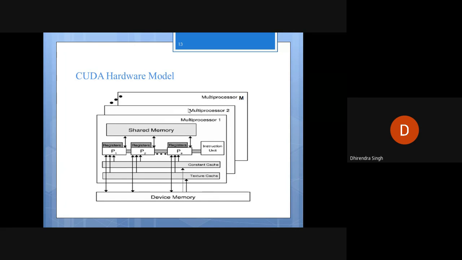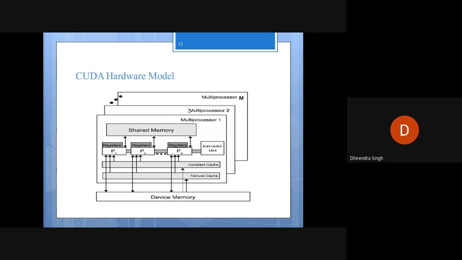It could be possible that your graphics card has, like I told you, 5,000 cores. If a graphics card has 5,000 cores, then all the 5,000 cores are not available on the top of a single chip.